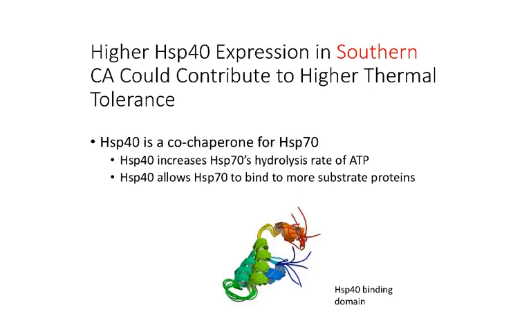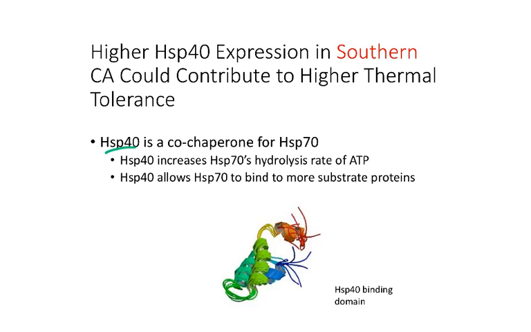So going back to HSP40s in particular, I do indeed think that HSP40 expression that's higher in Southern California individuals could be contributing to their higher thermal tolerance. And that's because if we think about the function, HSP40 is what's called a co-chaperone for HSP70. So it's essentially a helper for a helper.